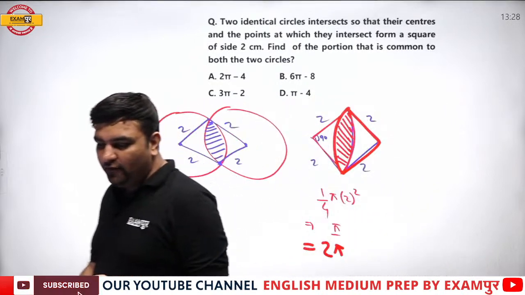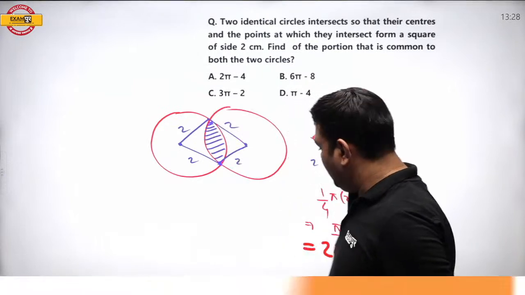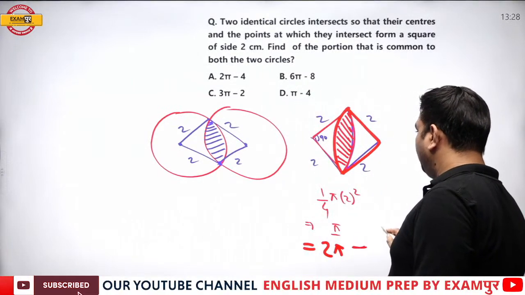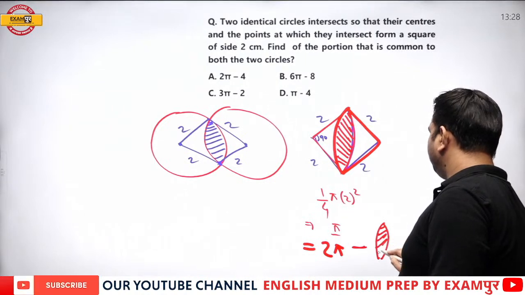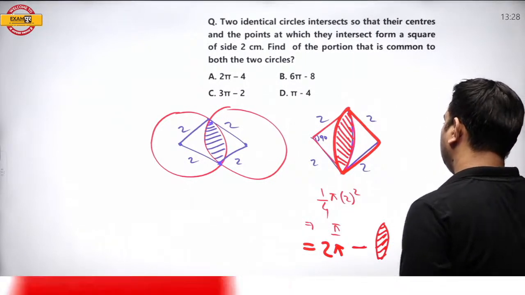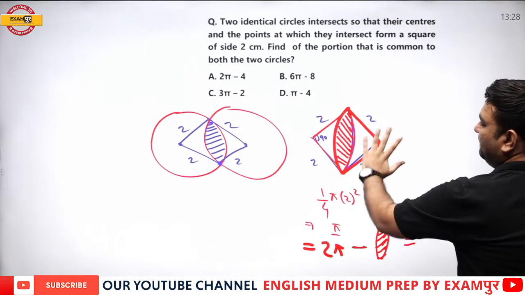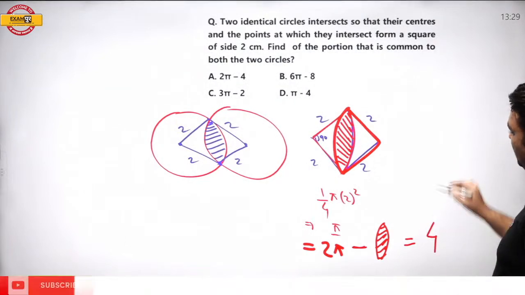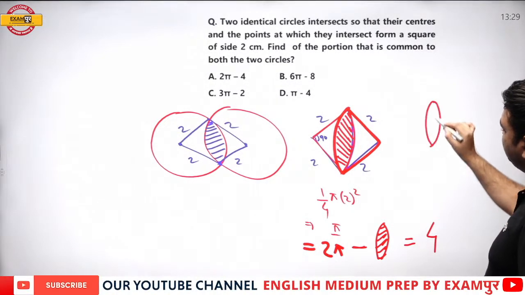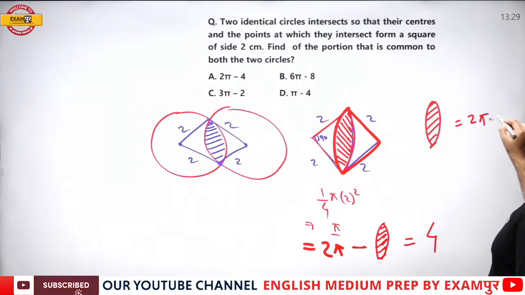So if you subtract this portion, then it's a complete square whose area is 2 square, that is 4. So the area of this portion is 2 pi minus 4. Please do watch out.